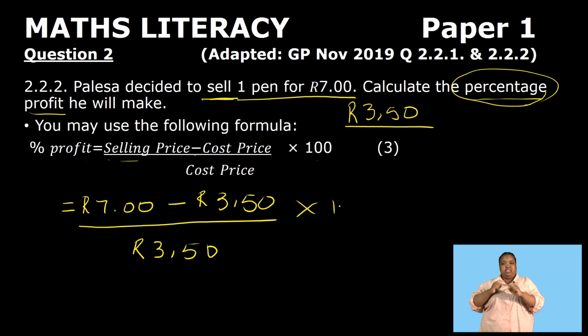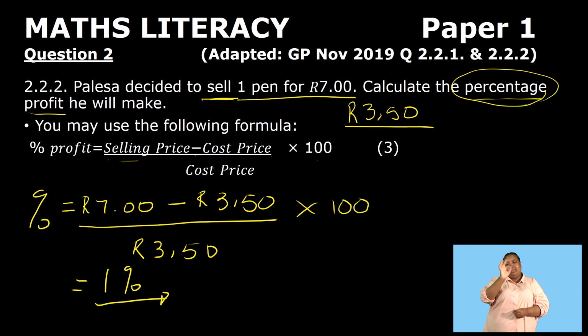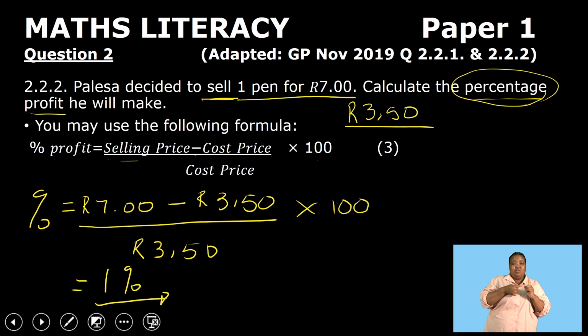Then we multiply this by 100 because we are calculating a percentage profit. So working this out on your calculator, do not forget to multiply by 100. Then it will give us 1%. So this will be the percentage profit for Palisa.